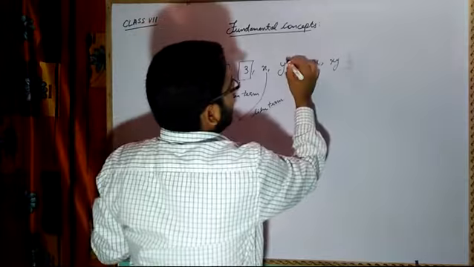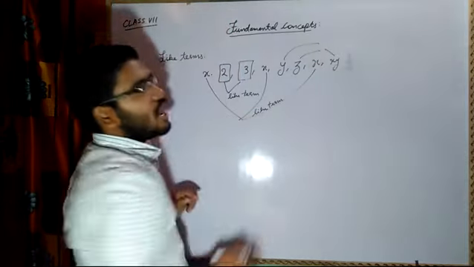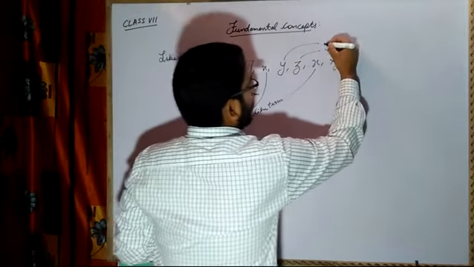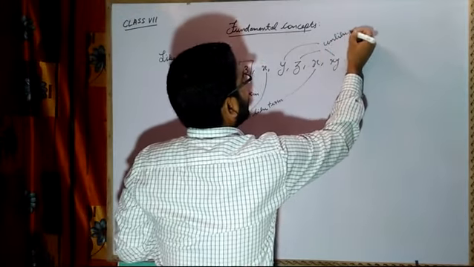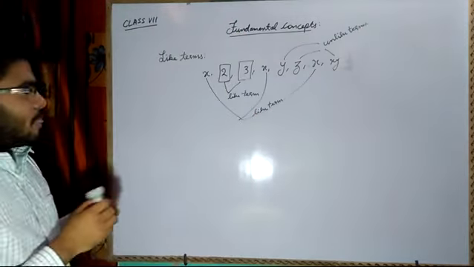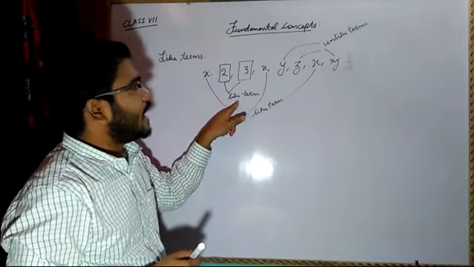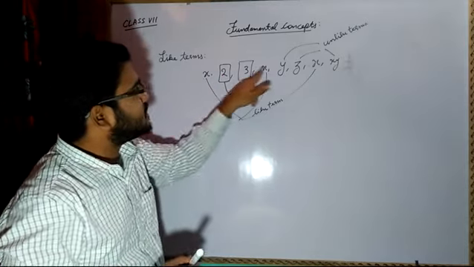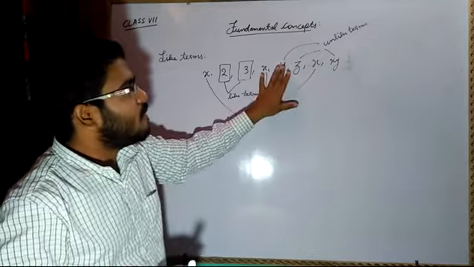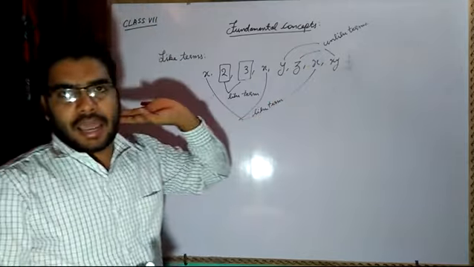Now y, z and xy, these all three are called unlike terms. Understood? Now I hope it is clear. Same thing, number, so like terms. Constant, same x everywhere, so like terms. Y, x, z, then y, z, xy, these are called unlike terms.